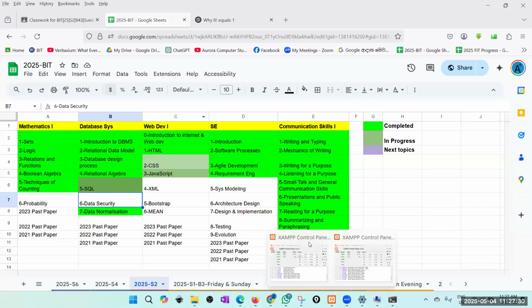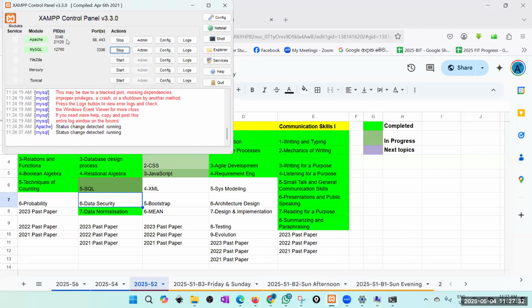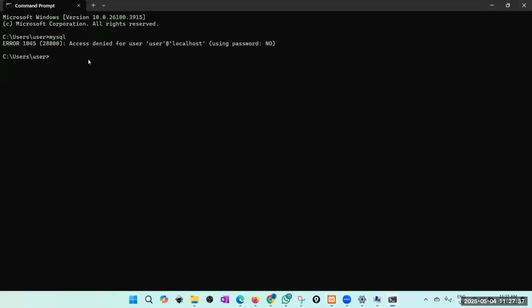It's green, it's up and running here. So if you get this kind of message like access denied, that is fine. That means you have added your bin folder to the path, or your installation has added it. If you get an error saying MySQL is not recognized as a command, only then you can go and add that bin folder to the path variable, then open another command line and again type MySQL. Then you should get this kind of error because I have not given the username and password.